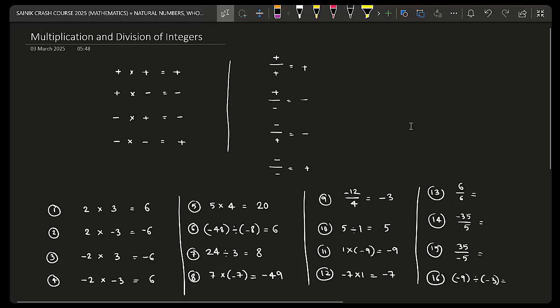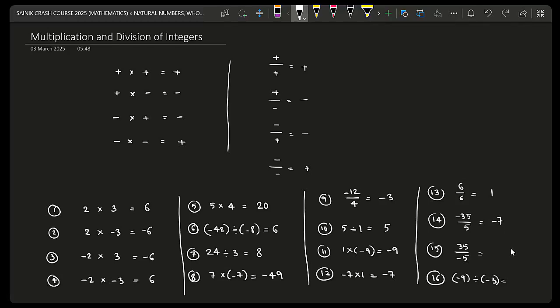Abhiday, can you answer the last four questions? Yes, sir. Read the question and answer. 6 divided by 6, 1. Minus 35 by 5 is minus 7, because negative by positive is negative.